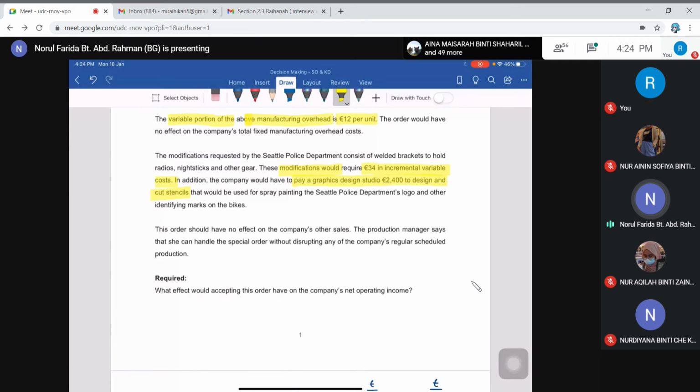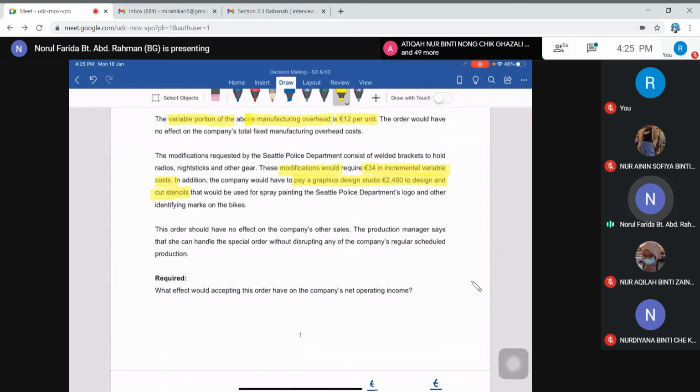Alright. So this one, this 2,400 we have to pay to the graphic design studio, is for that particular order only. Okay, because they want to make a logo, a logo for this customer only.